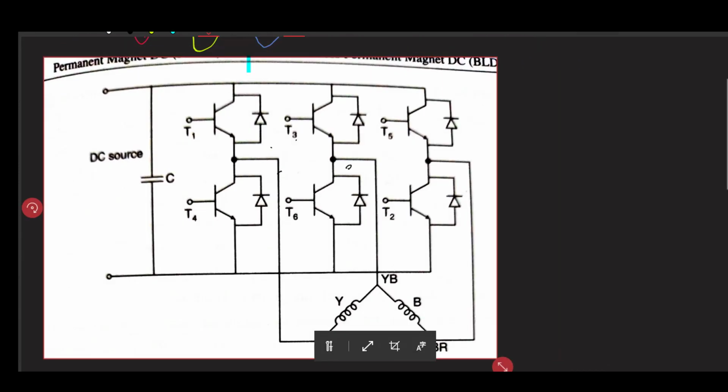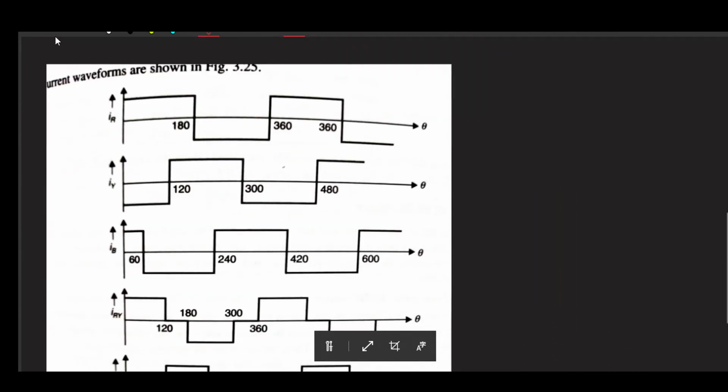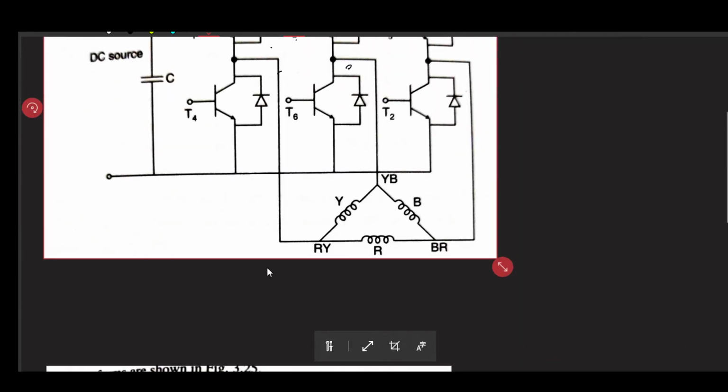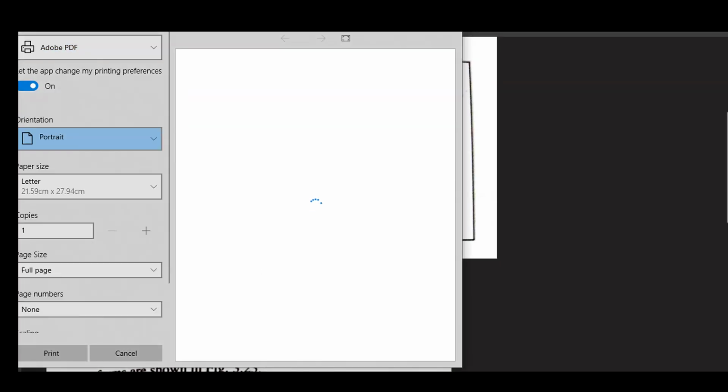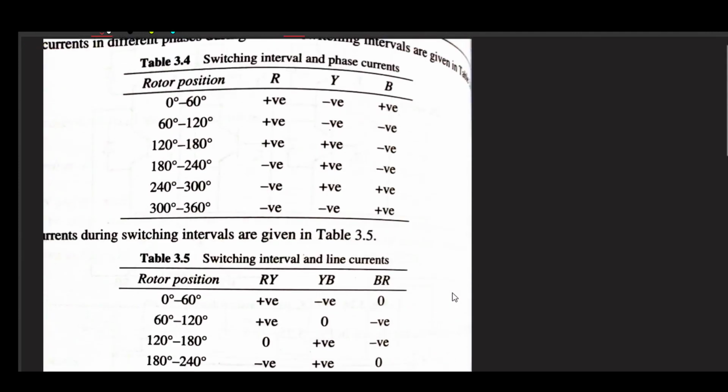So see here, what we want is 180-degree conduction. So how could it be achieved? Here, if we are talking about the sequences, then it should be like this one. So clearly you can see that one switch is continuously on for 180-degree and the other switch is continuously off for 180-degree.